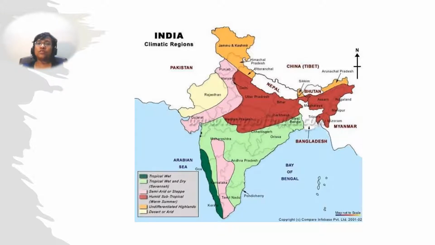We can see that the climatic conditions of India are strongly influenced by the Himalayas and the Thar Desert. The Himalayas act as a barrier to the frigid katabatic winds flowing down from Central Asia, keeping the major part of the Indian subcontinent warmer than most locations on similar latitudes.